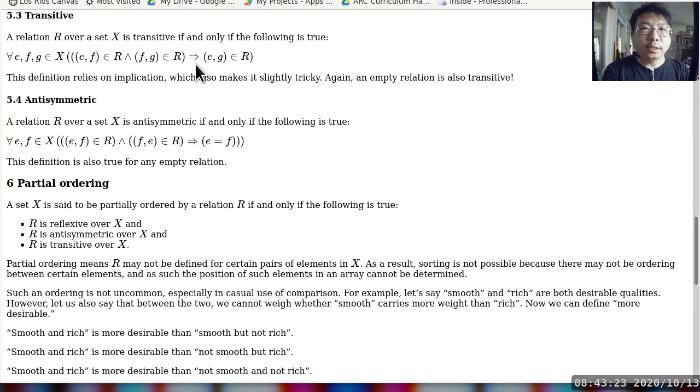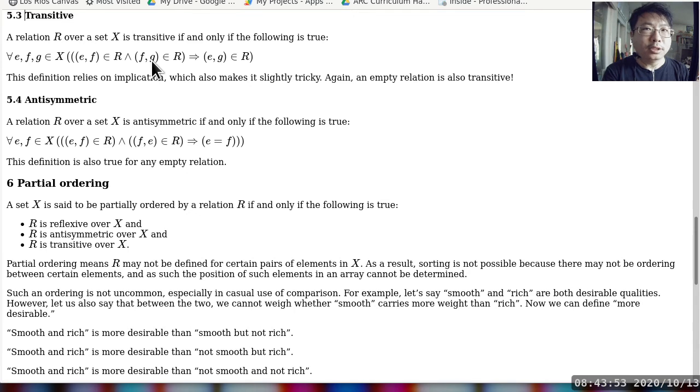Once again, it's an implication. So the only time the implication can be false is when the left-hand side, the antecedent, is true, but the right-hand side, the consequent, is false. So we have to make the conjunction true first. The only way to make the conjunction true in this case, because R itself is equal to, is E equals F and F equals G. So they're all the same.